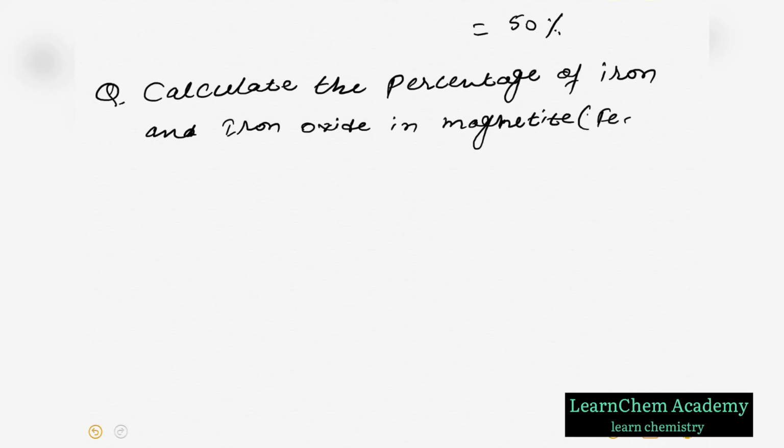Magnetite's formula is Fe3O4. So we can solve it.